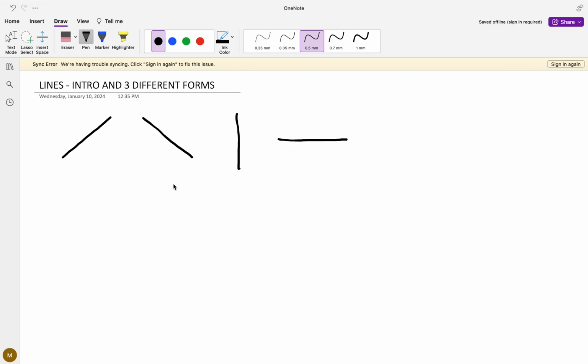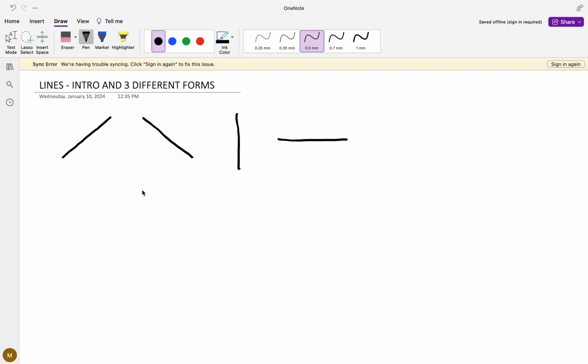Okay, so have you ever thought what a line means in mathematics? A line obviously has length, but no width, at least in mathematics. And it's an infinite collection of points extending in both directions.